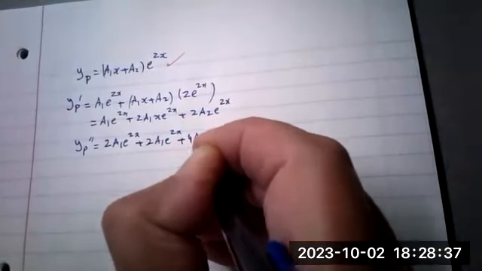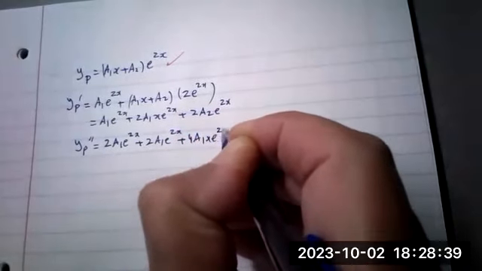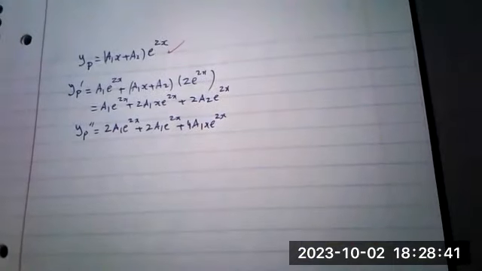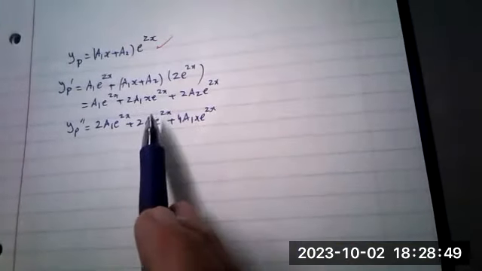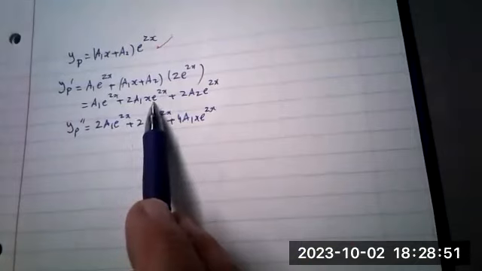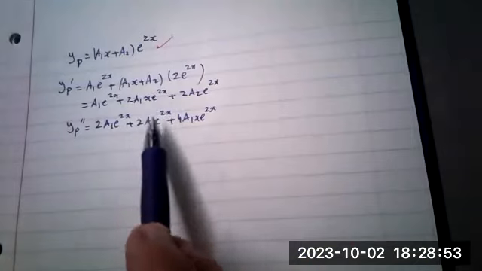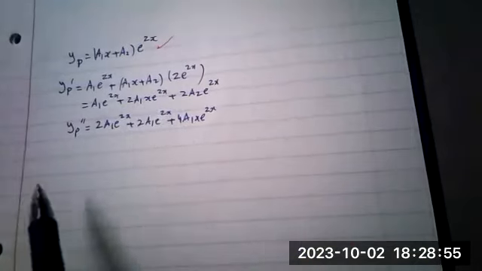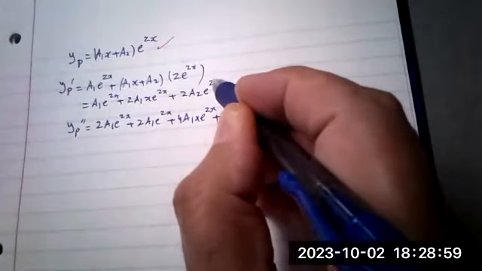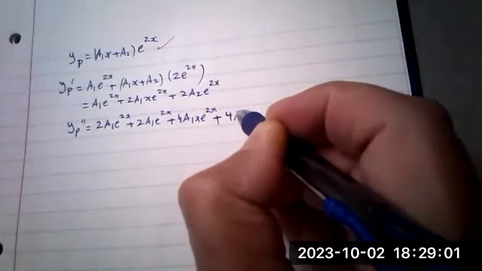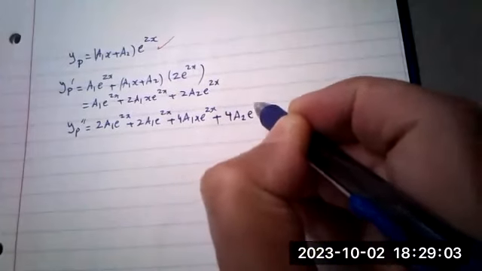So that would be 4a1x e to the 2x. I just applied the product rule to the x times e to the 2x. And you continue to differentiate this one: the derivative of e to the 2x, you have 2 times 2, 4, a2 e to the 2x.